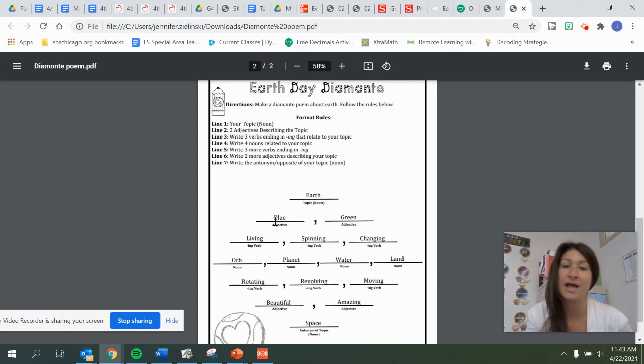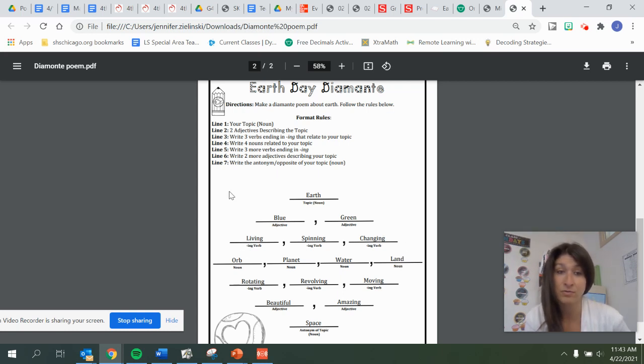Then an adjective to describe Earth. You could choose colors, blue, green. Maybe you could have done round. An ing verb. What would describe Earth? Thinking about action verbs, there's living, spinning, changing.